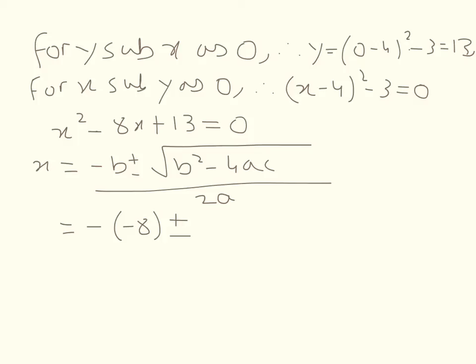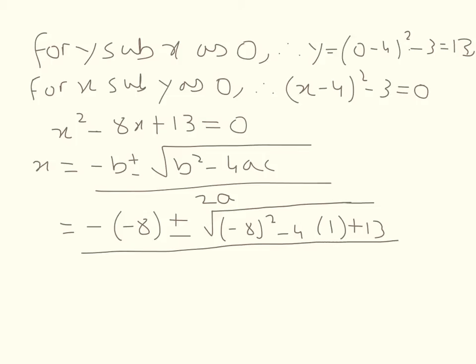These signs are extremely important, the plus or minuses. And then I have the square root of minus 8 whole squared minus 4 into 1 plus 13. And all of this will be divided by 2 into 1.